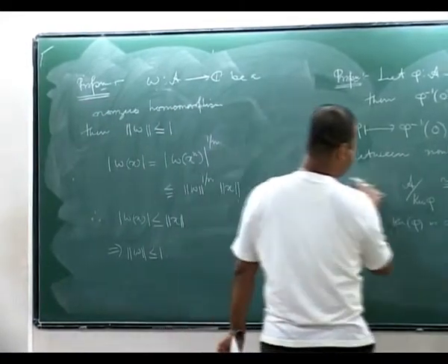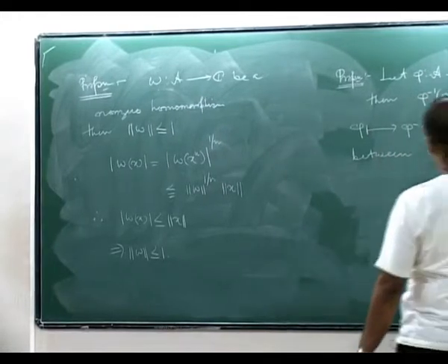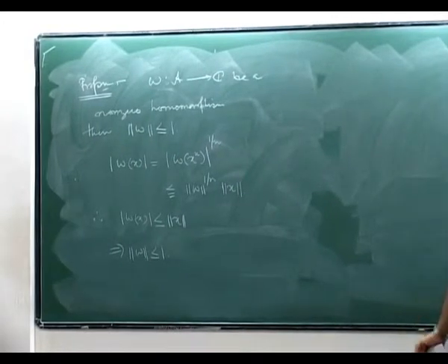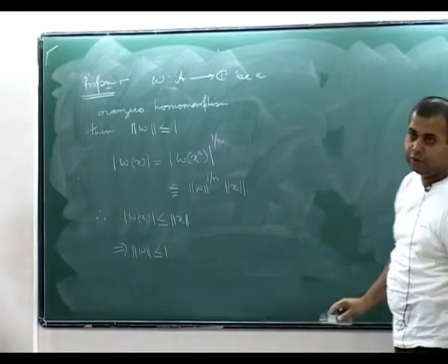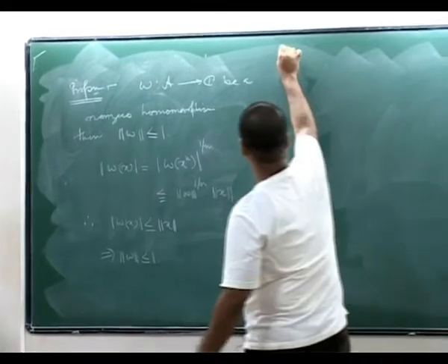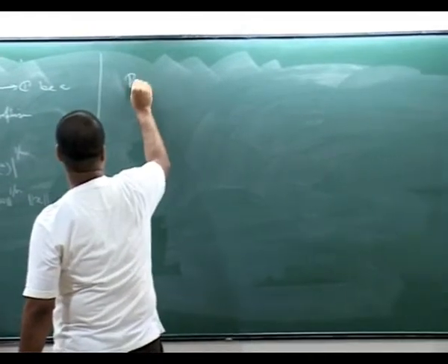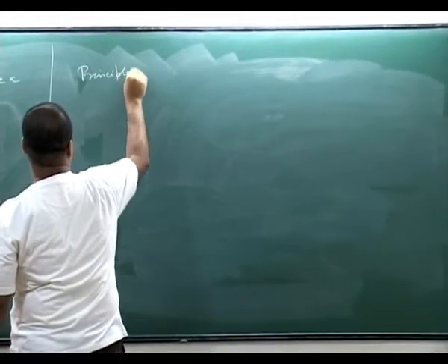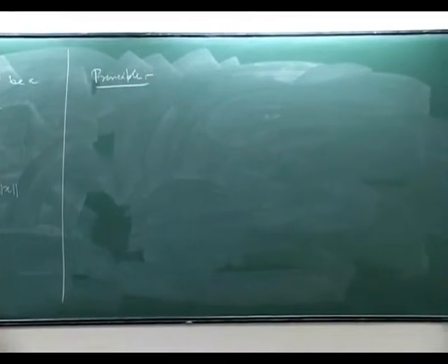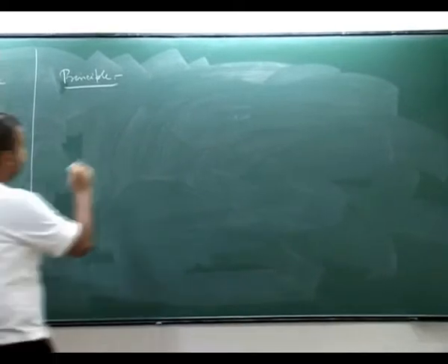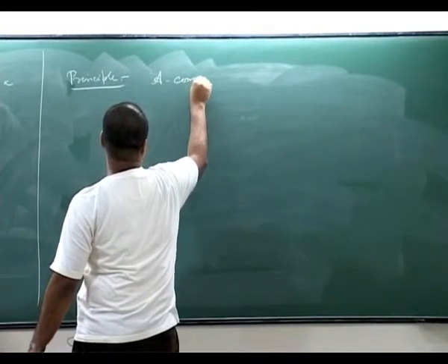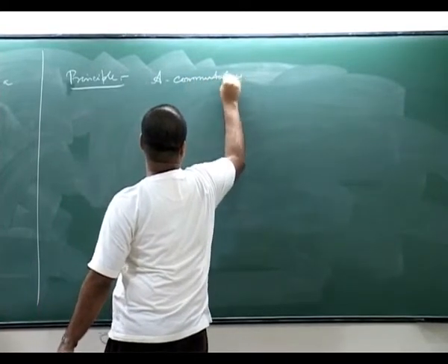maybe now I should stop and explain what we are heading at. It is a general principle that, forgetting about Banach and all those, A is a commutative algebra.